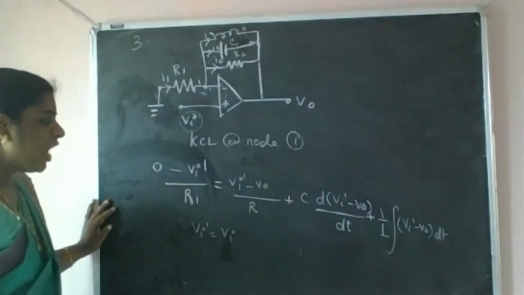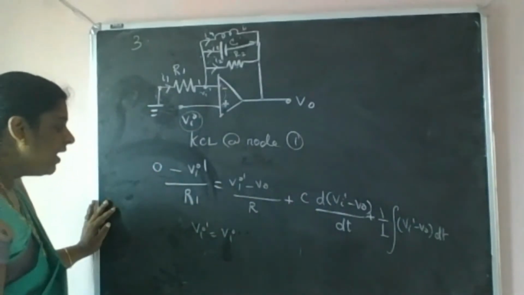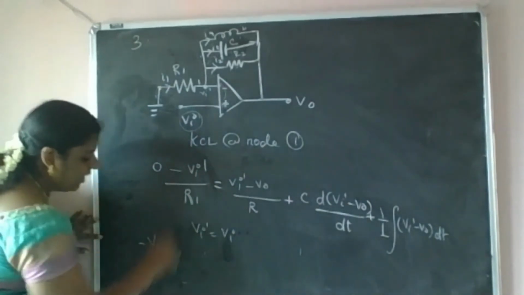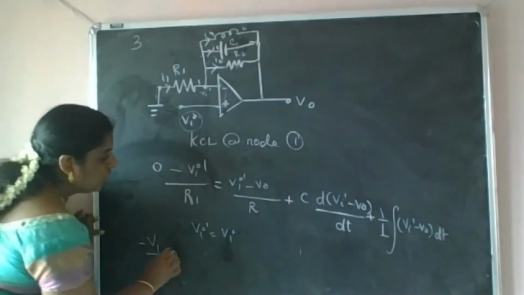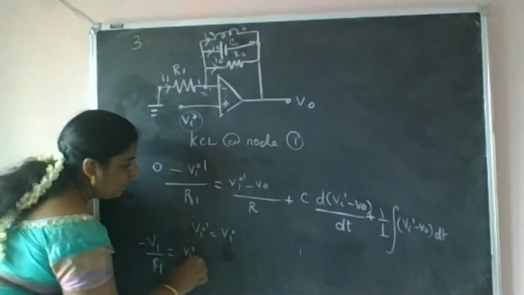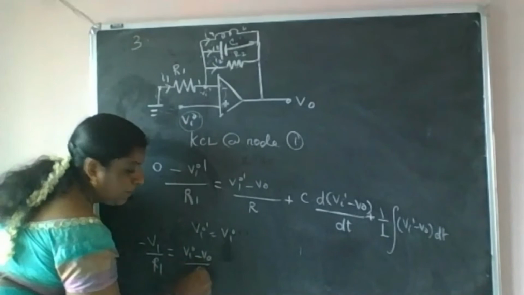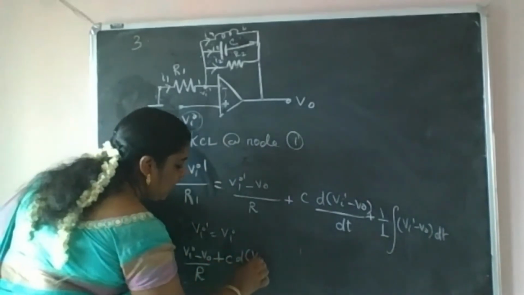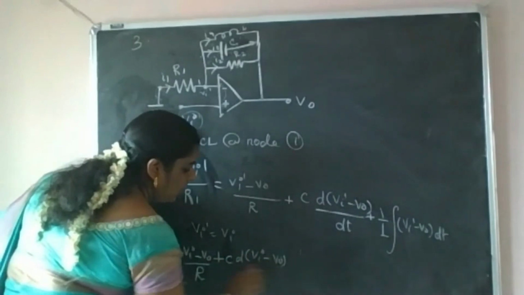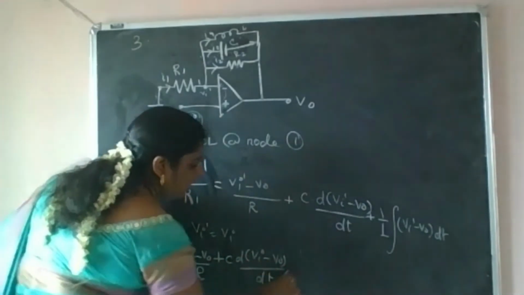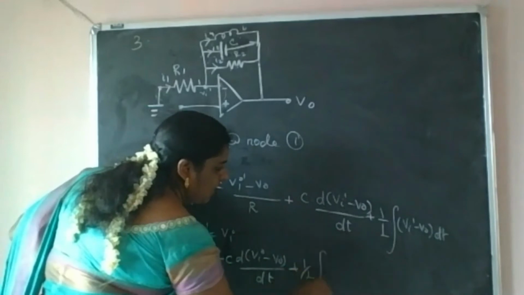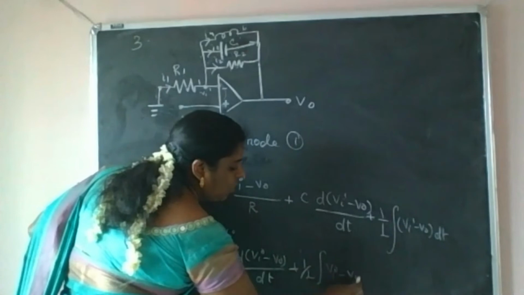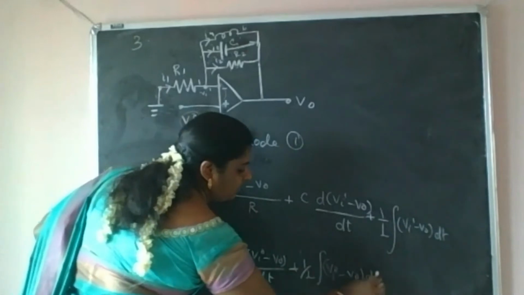Substituting Vi dash equal to Vi, we get minus Vi divided by R1 is equal to (Vi minus V0) divided by R2 plus C into d of (Vi minus V0) divided by dt plus 1 by L into the integral of (Vi minus V0) dt.